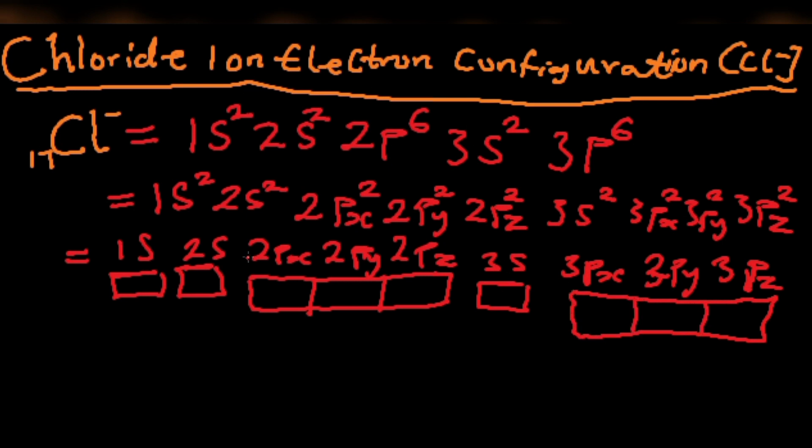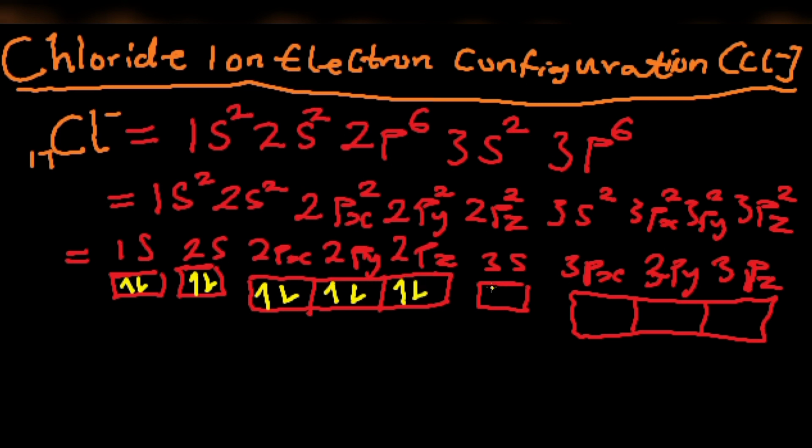Each box will take a maximum of 2 electrons. So we have spin up, spin down. For the degenerate orbitals, you fill them with singles, spin up in parallel, before pairing begins in the opposite direction, spin down, spin down, spin down.